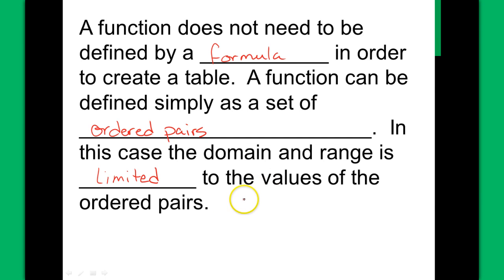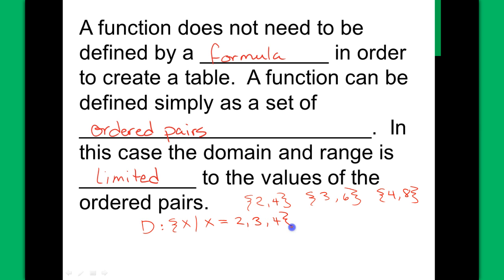For instance, if I have the following, what's my domain? It's going to be x such that x is equal to 2, 3, and 4. Okay? Specific numbers. Okay? Range, in this case, is going to be y such that y is equal to 4, 6, and 8.